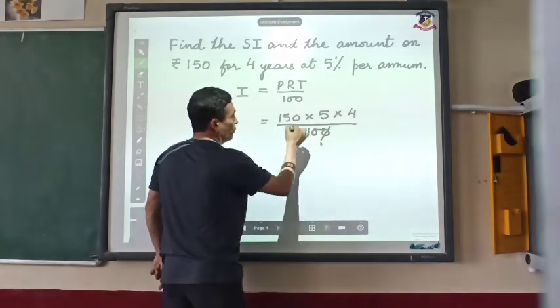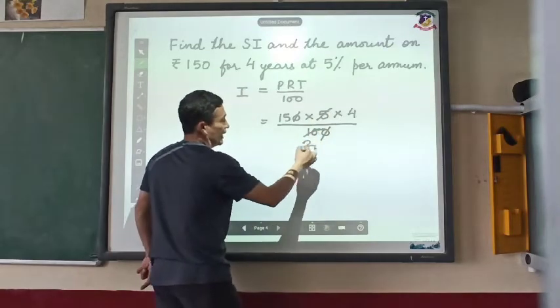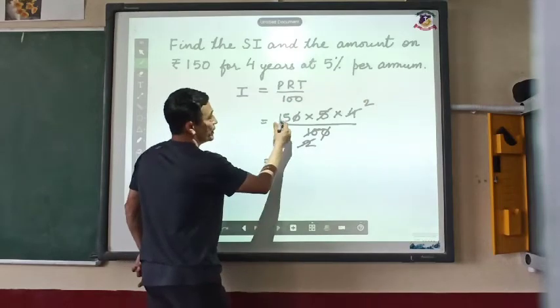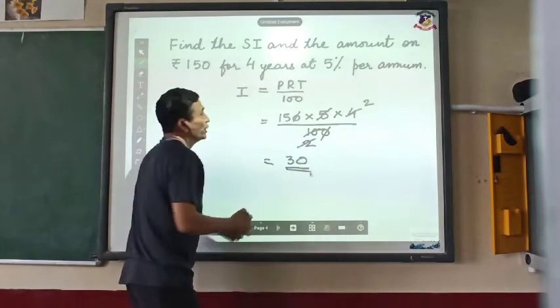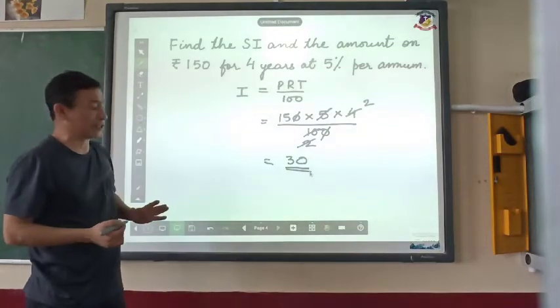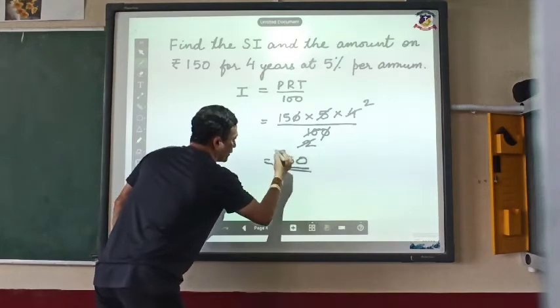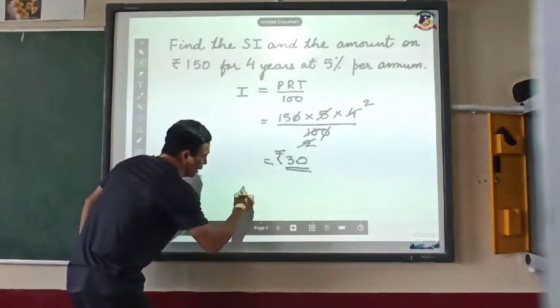1 0 and 1 0 1 here. 5 ones are 5, 5 twos are 10, and 2 ones are 2, 2 twos are 4, which means we have 15 into 2, which is 30. So 30 rupees is the interest. I can write rupees 30 as my interest, and finally I find the amount.